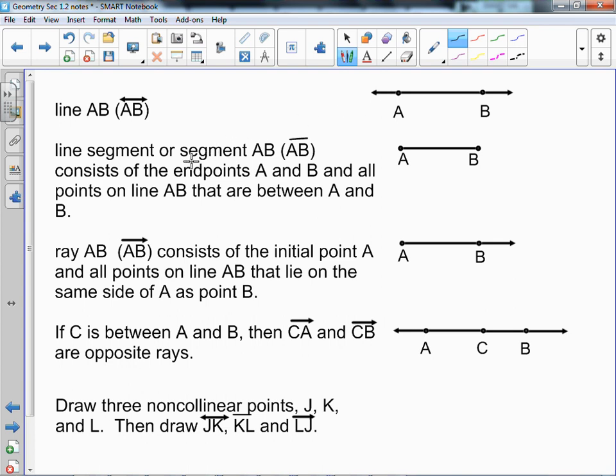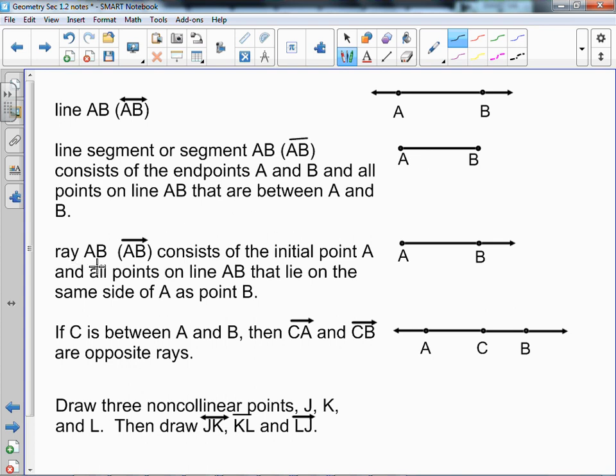All right, a line segment or segment AB, shorthand form would be AB with this line that doesn't have any arrowheads over it. Consists of the endpoints A and B and all points on line AB that are between A and B. So point A, point B, and all the points in between would make up that line segment AB.